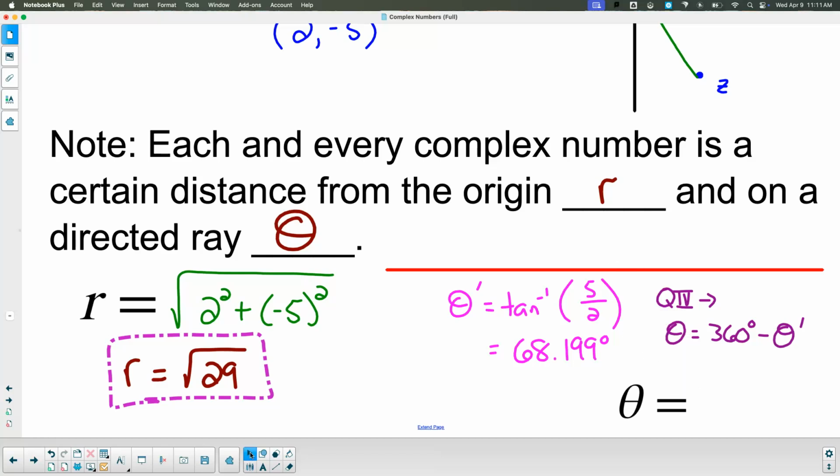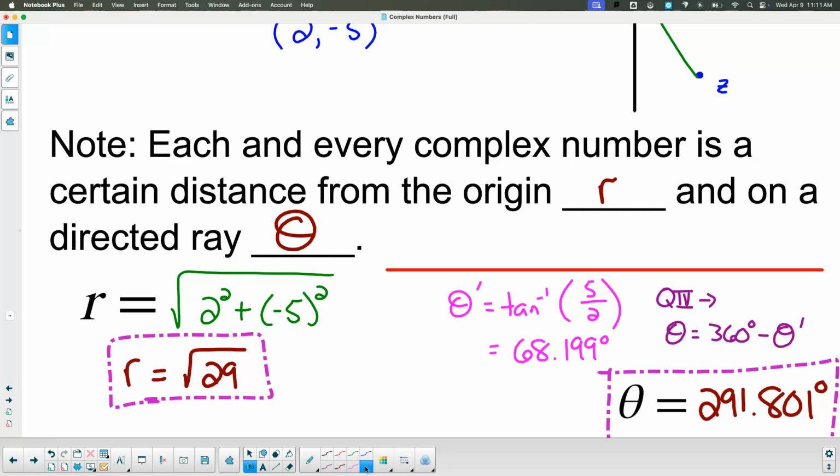So that means actual theta here is 291.801 degrees. Would you concur with that? Yes? Grant, put your phone away.